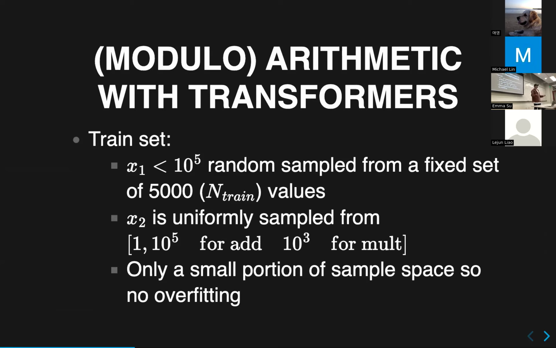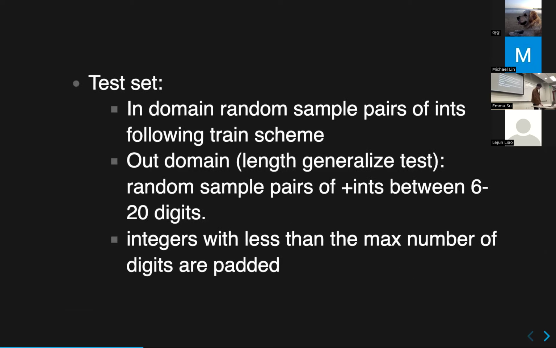They do this to keep the sample size really small to prevent overfitting, since with transformers, one of the biggest problems is overfitting, especially when you have a limited amount of data. In the test set, they test both in domain, so for multiplication, that'd be 5-digit times 3-digit tests, and also out of domain. When processing the tokens, they add padding to allow a smaller number of digits to be used with larger numbers of digits.